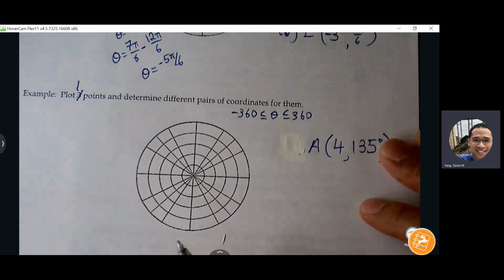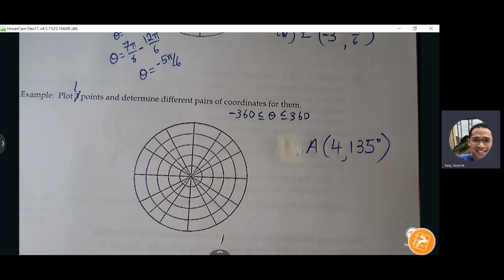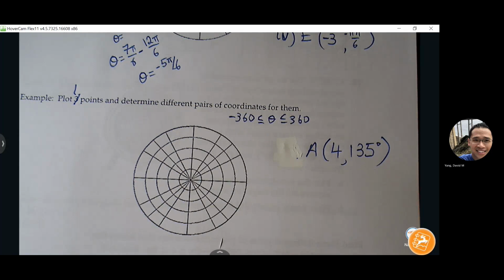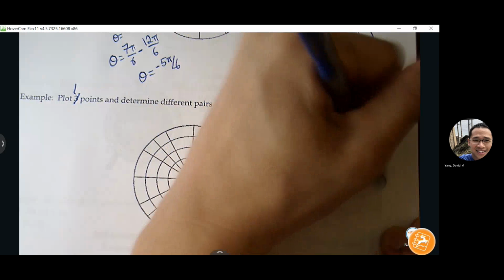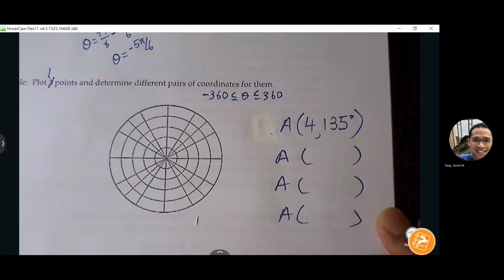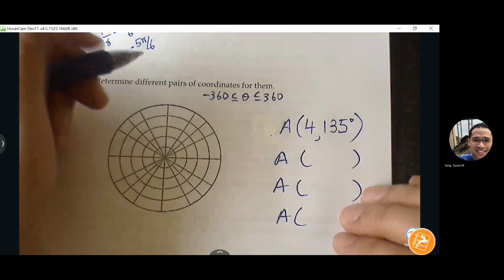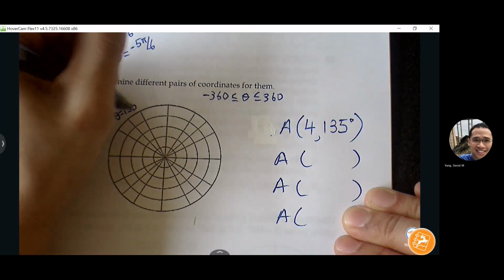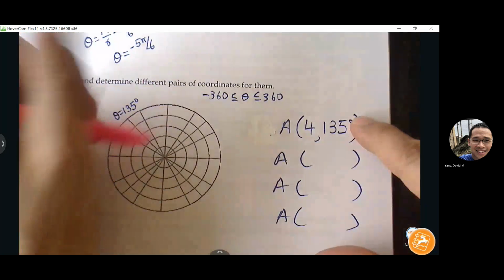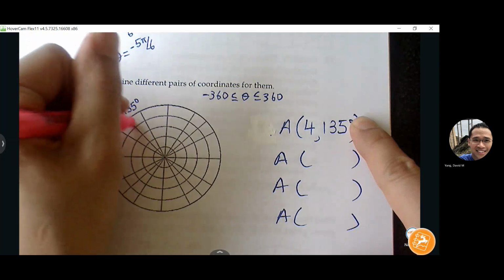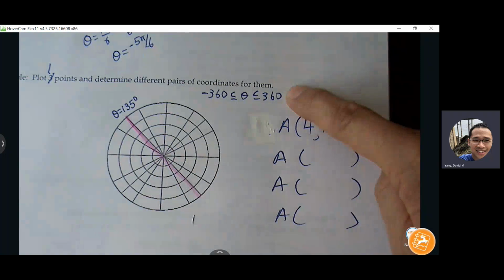Plot this point and see if we can get to that same point using 3 other variations. All in degree mode, yep, for this one.